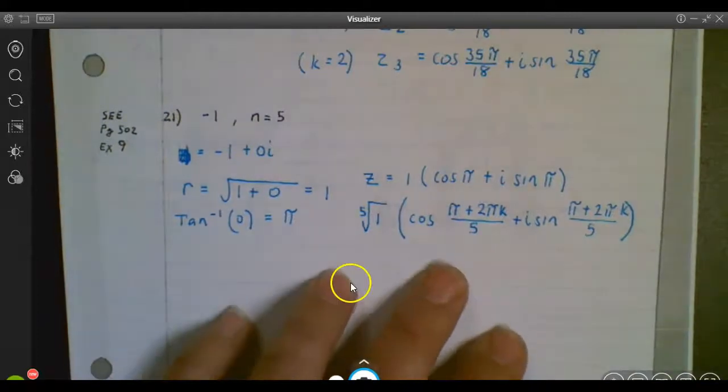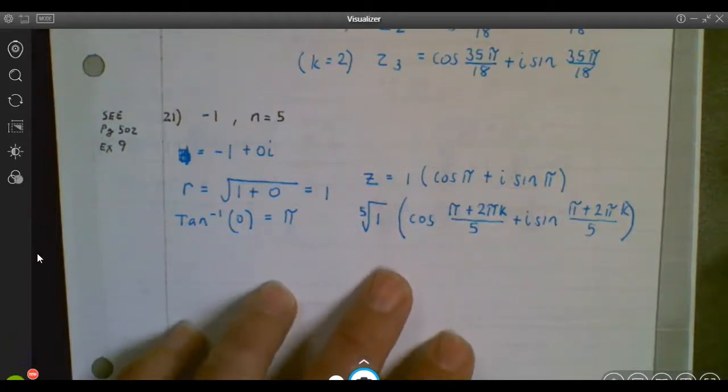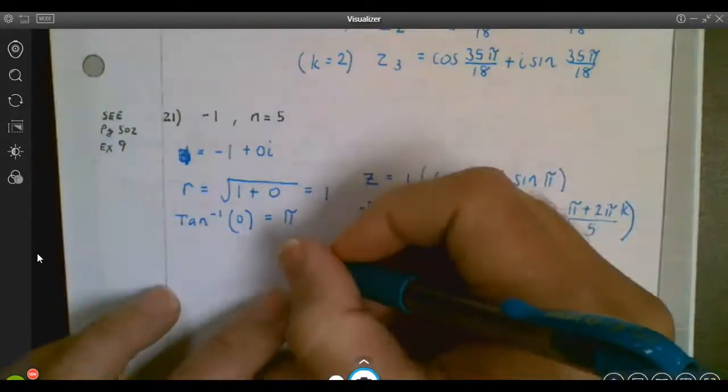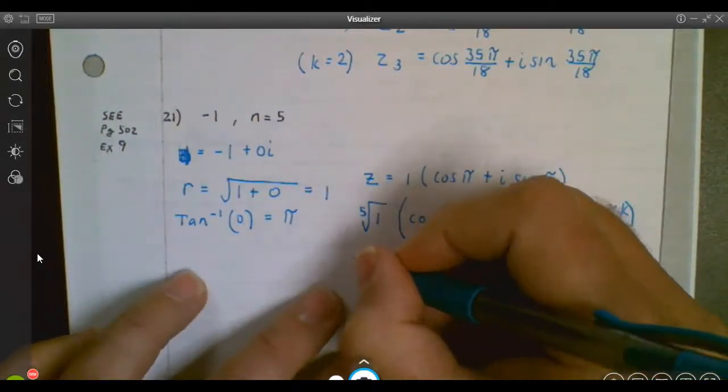So there's our setup. So now I'm going to find my 5 roots by plugging in 0, 1, 2, 3, and 4 for k. So keep an eye on this one, because I do want you to see that this one, because of the angle we're working with, we can simplify it a little further. So let's start by plugging in a 0 to get z1.